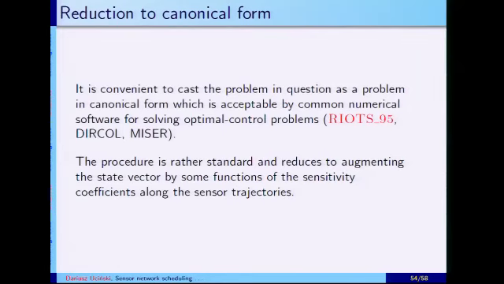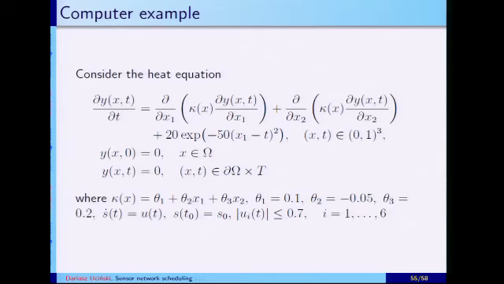We have experience with a fine solver for optimum control problems, which is called RIOTS, written by my colleague from the United States, Yang Quan Chen, from Utah State University.